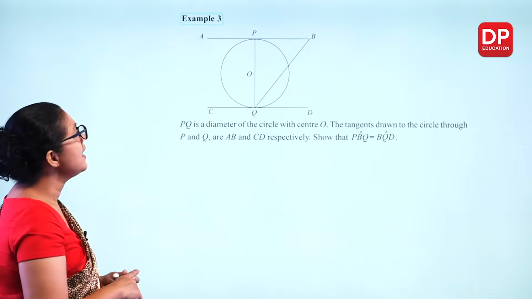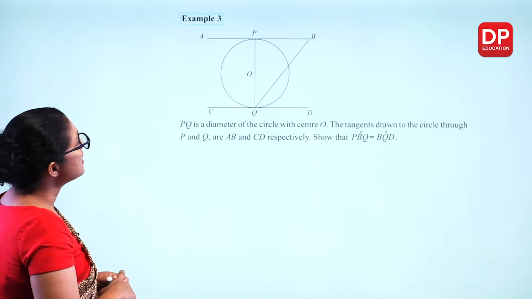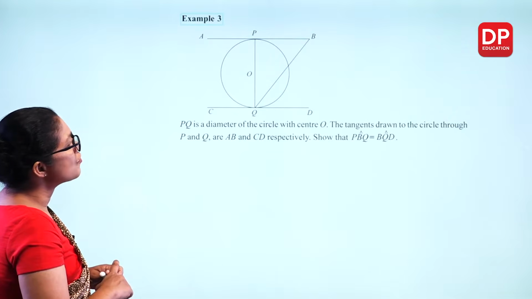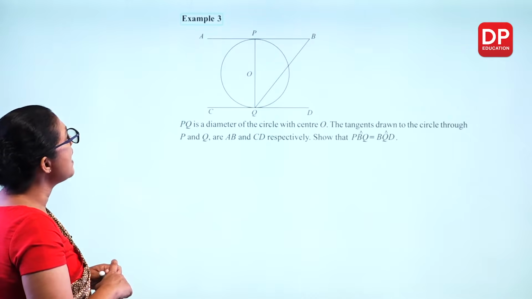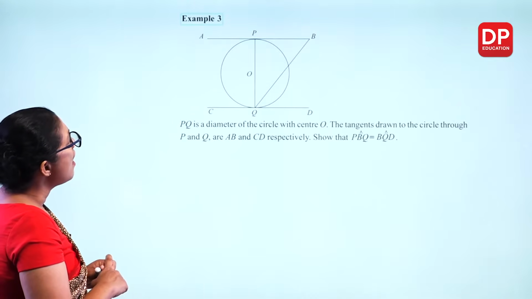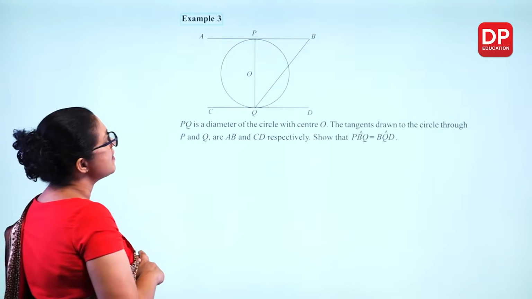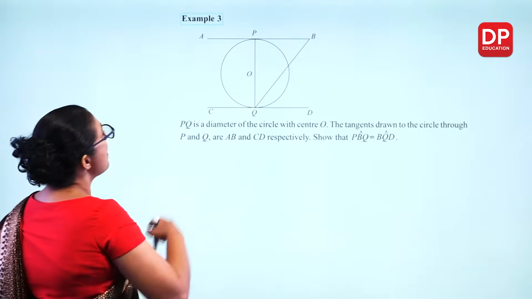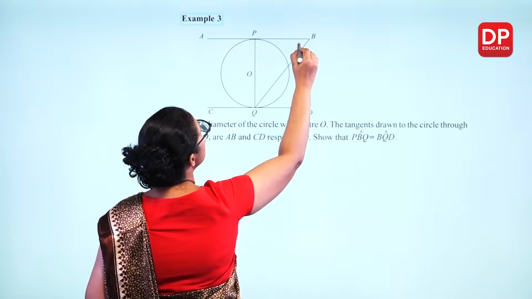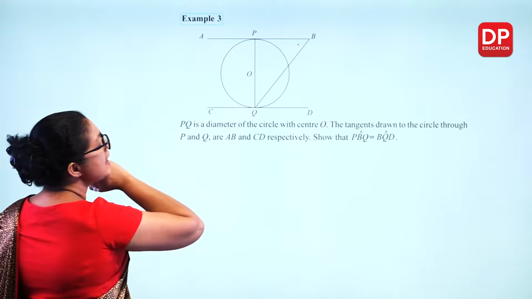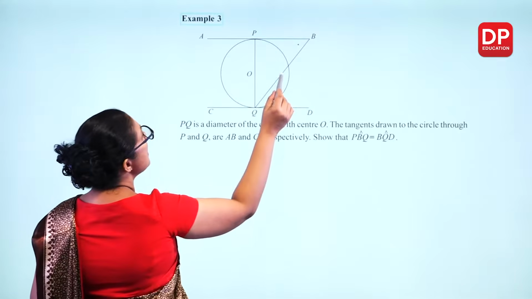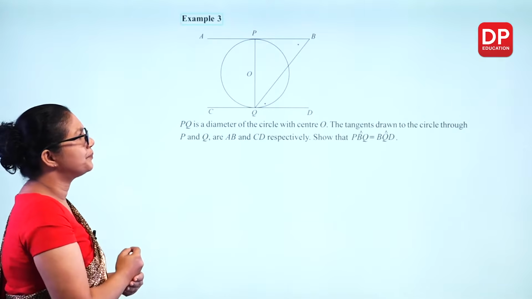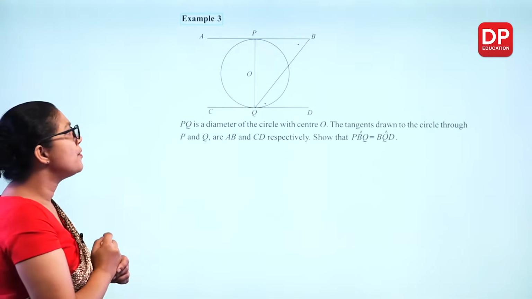Example number 3. PQ is the diameter of the circle with center O. The tangents drawn to the circle through P and Q are AB and CD respectively. Show that PBQ angle and BQD angle are equal. So what do you know from the theorem?